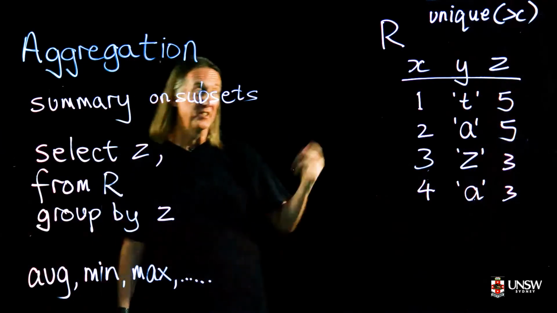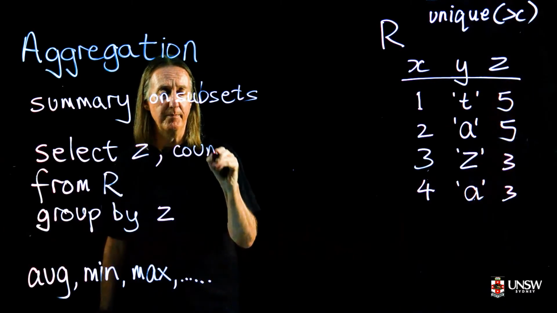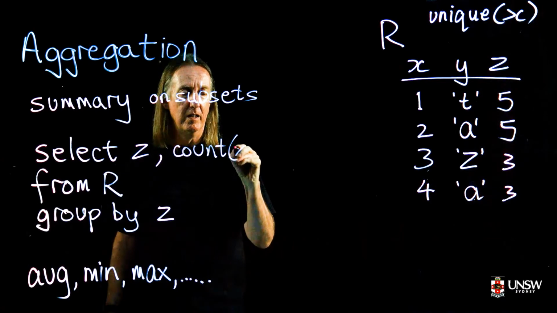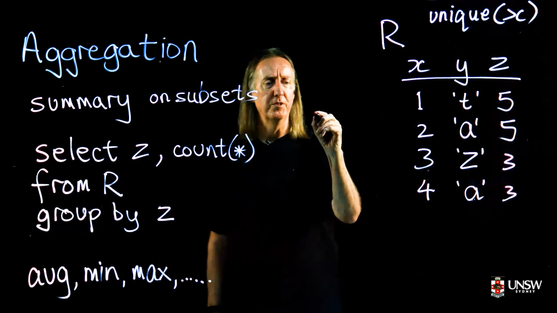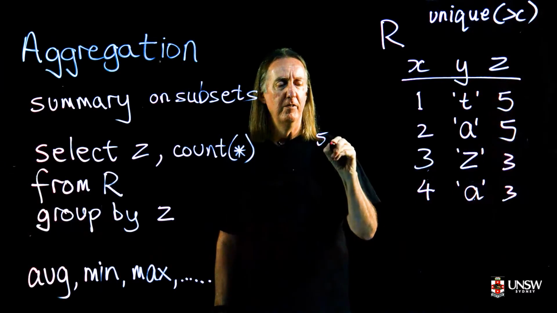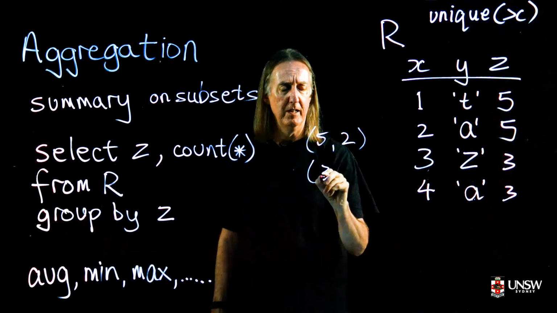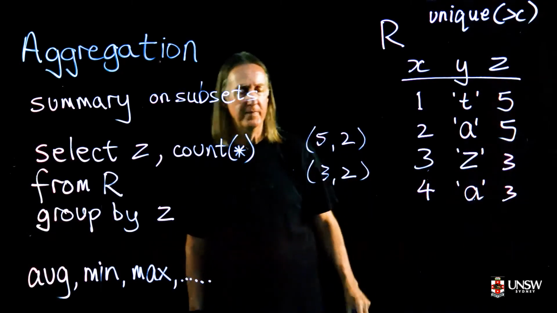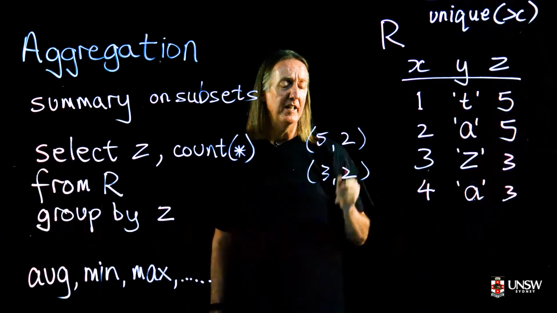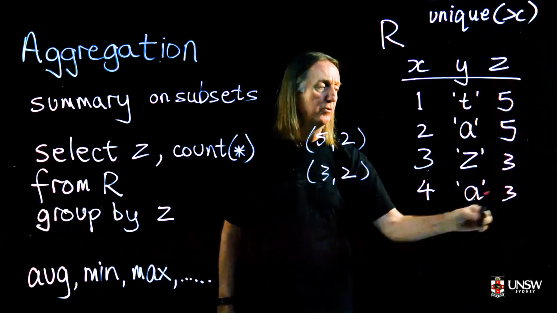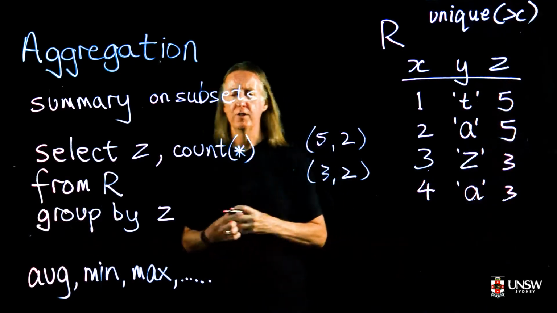And then if we want, we can just say how big is each subset. So that would give us two tuples in our output, 5 and 2, and 3 and 2. Okay, so there's a group based on the Z value 5, and that has two tuples in it, and there's a group based on the Z value of 3 that also happens to have two tuples.